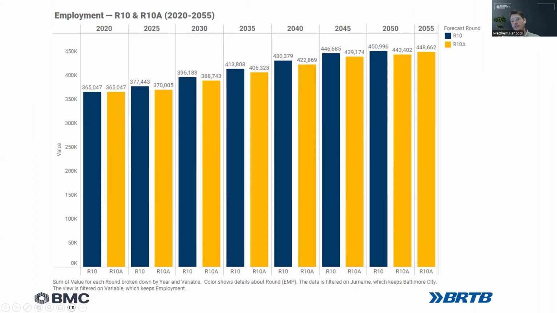For employment, we're revised downward by consistently about 7,400 to 7,600 jobs across all forecast years. So that's just a general scalar reduction in overall expected employment growth.